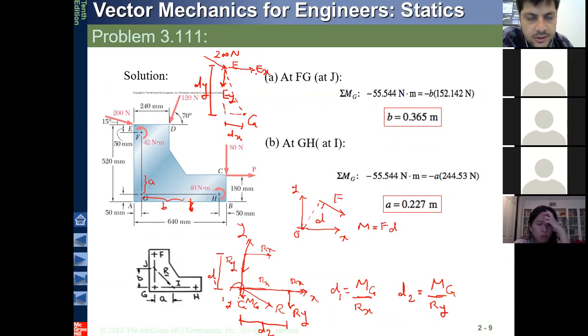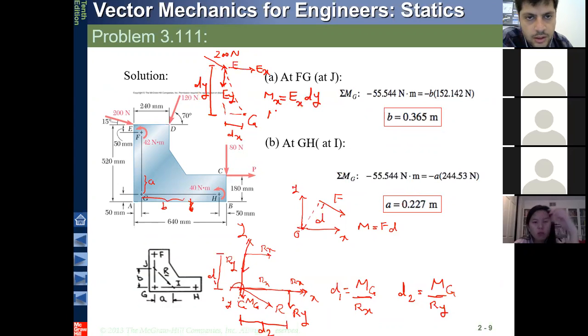This Ex is exerting a moment, let's call it Mx, of magnitude Ex dy, right? This is the distance between force Ex and G, dy, and this is the magnitude of that force.